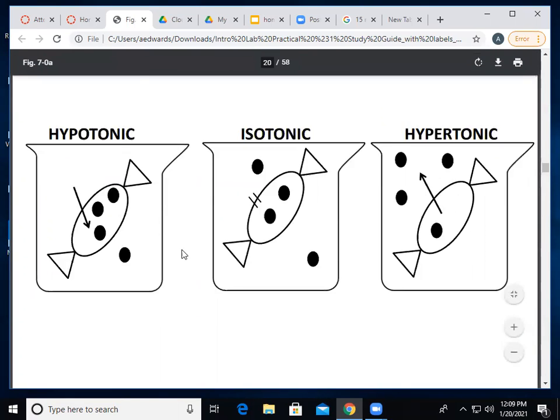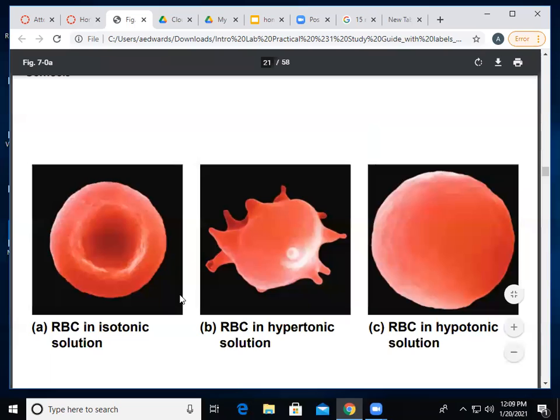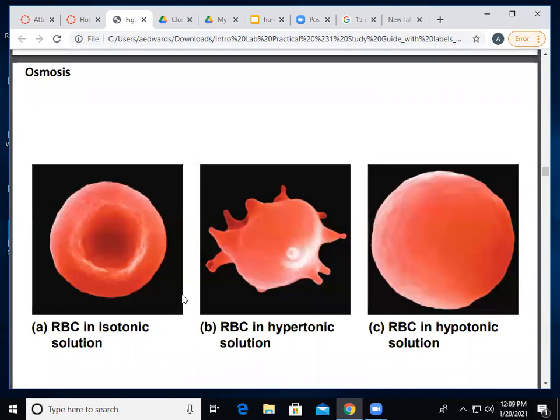So what does that look like in the cell? Here are your red blood cells. They normally have this little biconcave disc shape. In a hypertonic solution, it shrivels, just like we saw before.